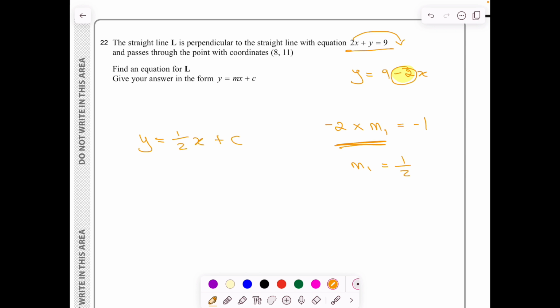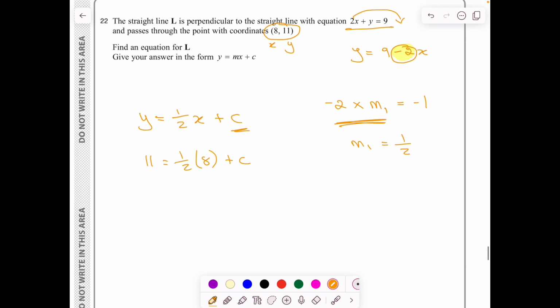I need to find where it crosses the y-axis by plugging in the only point they've given us. So I'm going to substitute x for 8 and y for 11. So 11 equals 1/2 times 8 plus c.